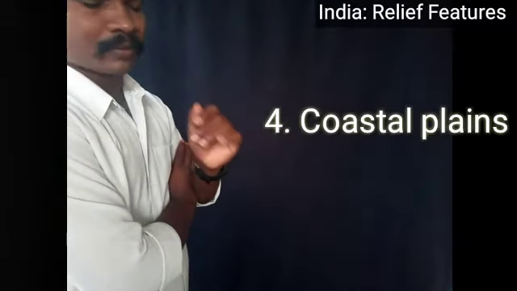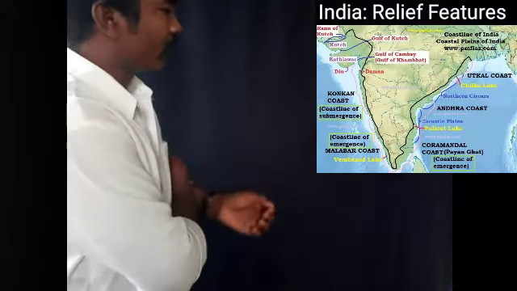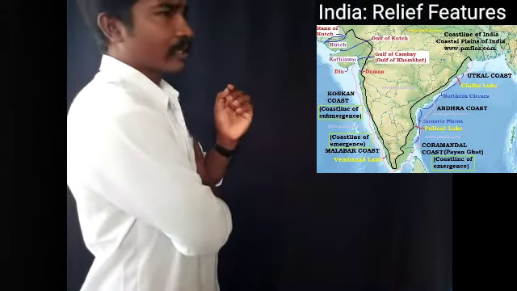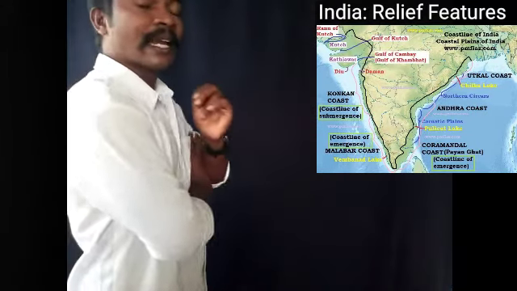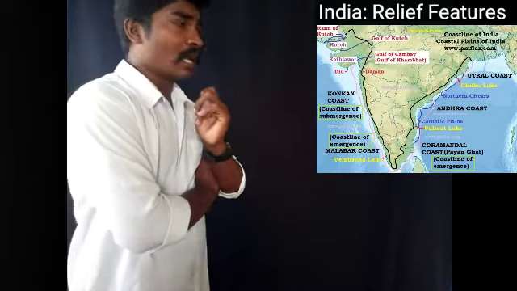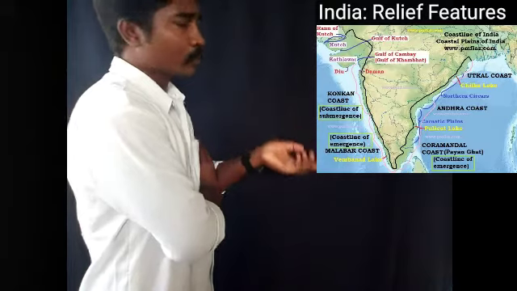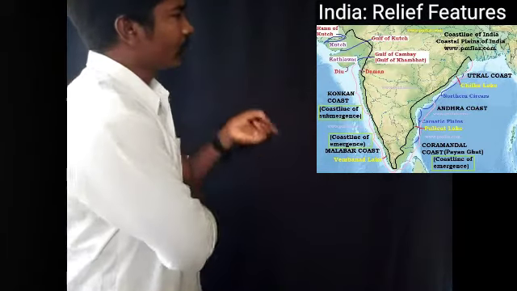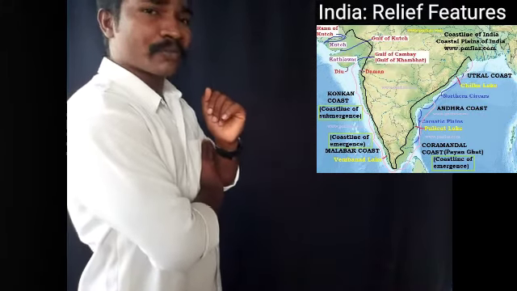Then we have coastal plains. Coastal plains also are two types because we have here the Bay of Bengal and the other side we have the Arabian Sea. In the Arabian Sea, the coastal plains stretch from Rann of Kutch to the end of Kanyakumari. And the eastern coastal plains stretch from Mahanadi in Odisha to Kaveri in Tamil Nadu. Then the western coastal plains are of three types.